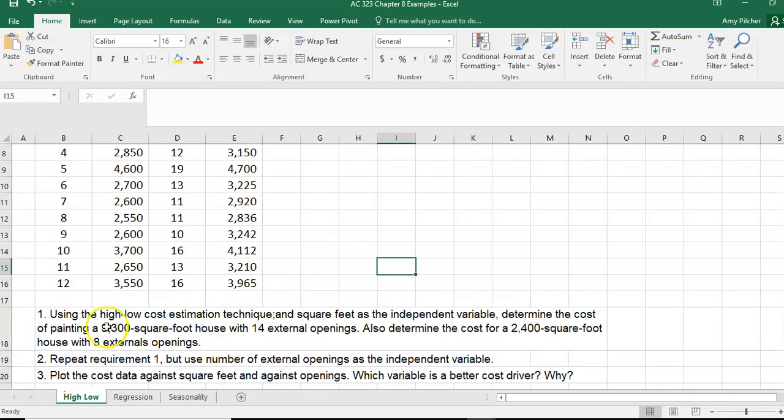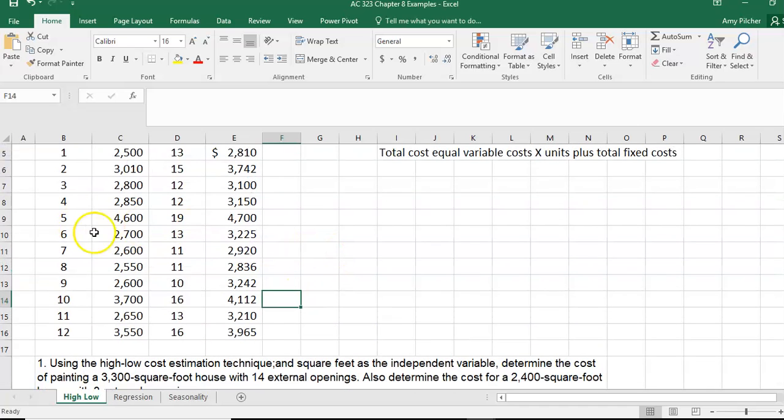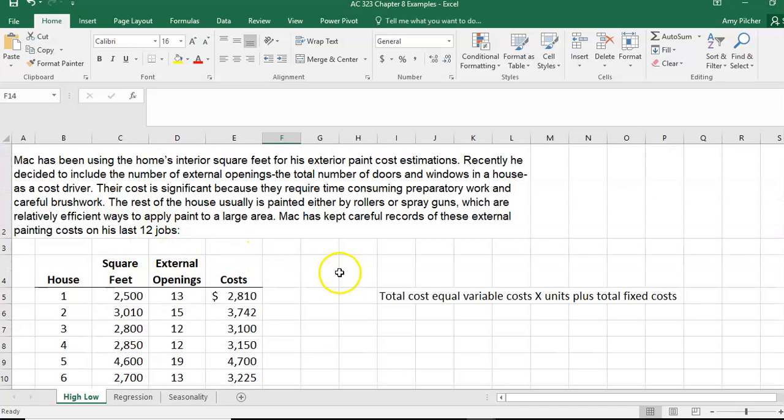So we're going to use the high-low cost estimation technique. We're going to start with square feet as the independent variable, and use the high-low method to determine our variable and fixed cost portion of the total cost. So we want to look for our high amount and our low amount.